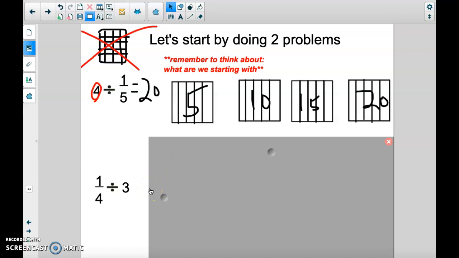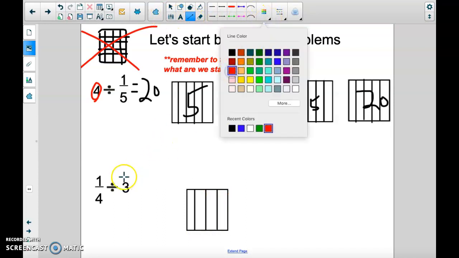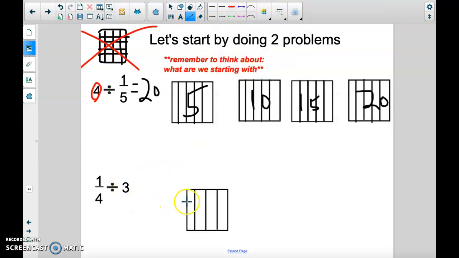So this next one, we're starting with how much? We're starting with 1/4. Okay? So I'm not going to have 4 wholes because I'm not starting with 4. I have 1 whole, and I need to break it into fourths. Okay? And now what I need to do is split that 1/4 into 3 equal pieces.